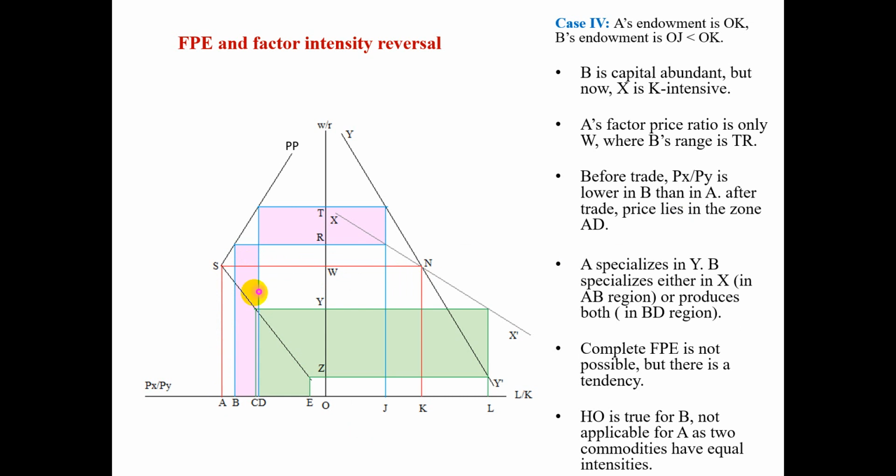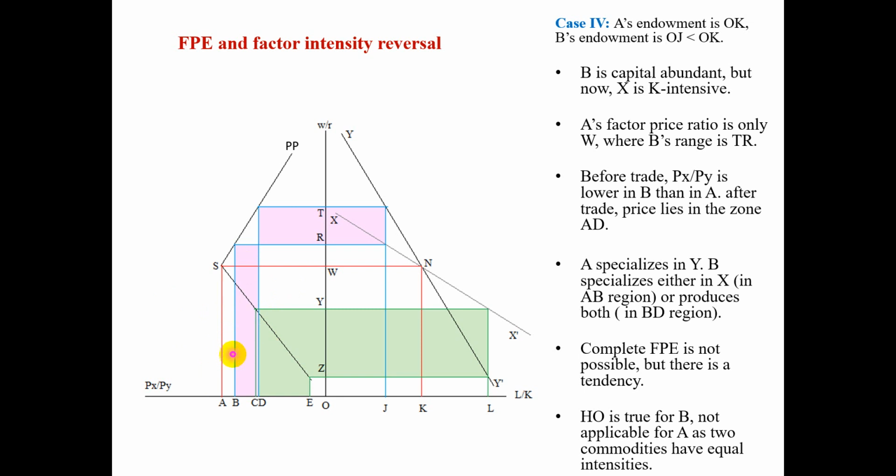Now, after the trade, price will be lying in the zone AD. So A will be specializing in Y for obvious reason, because before trade Px by Py in A was higher, so A will be specializing in Y, but B will be specializing either in X if the price falls in the AB zone.